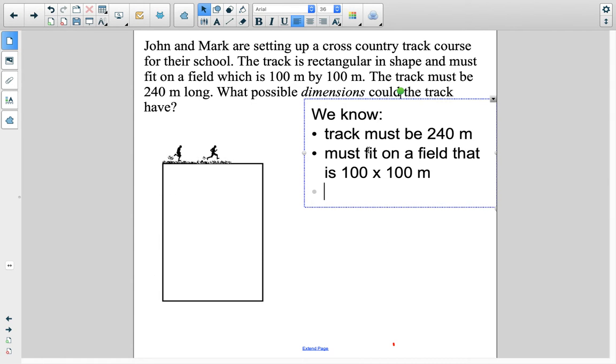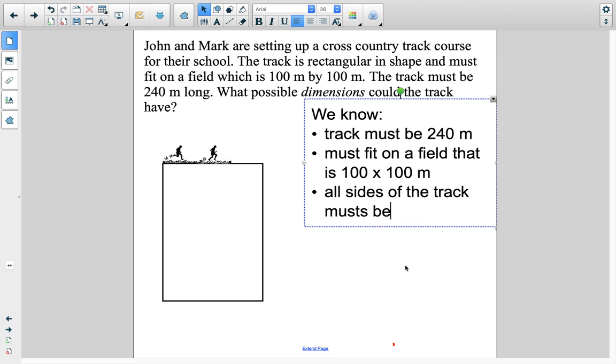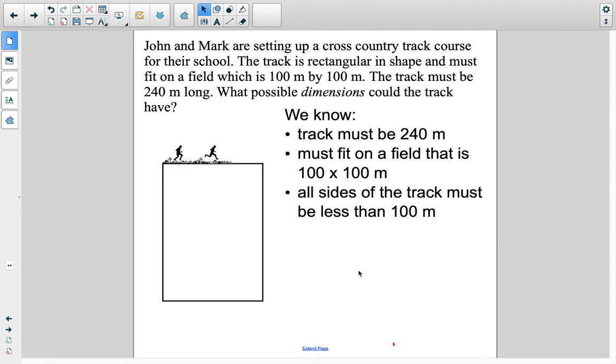Well, if it fits on a field that's 100 by 100, then the track can't really have a side length that's bigger than 100 unless it goes diagonally. But let's just say that all sides of the track must be less than 100 meters. In other words, I can't have a track with sides of 110 and 110, right?